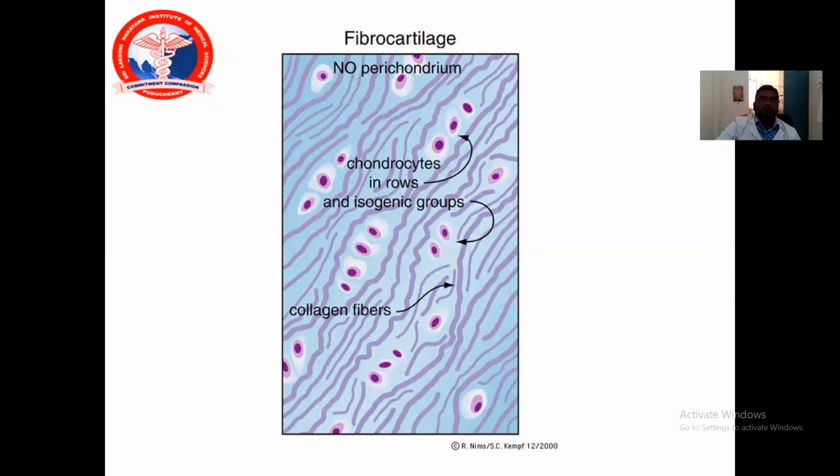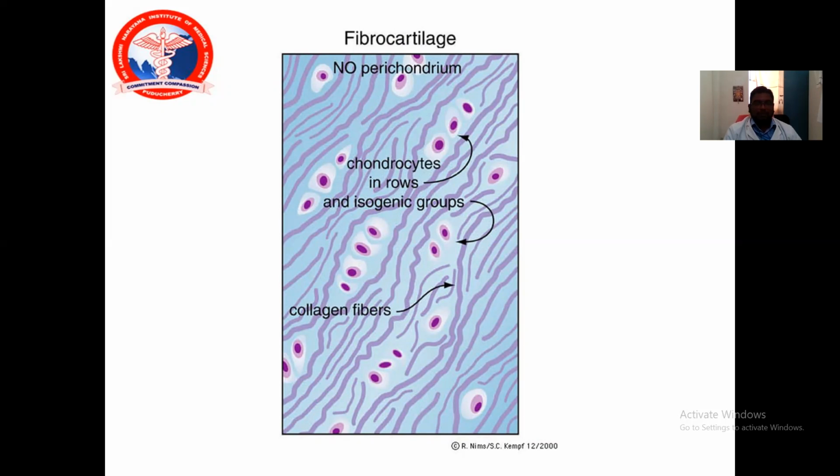Next you would see the white fibrocartilage. What is this white fibrocartilage? This is the last one, the same as the other two. Here you see the cells are arranged in rows. The chondrocytes are arranged in rows, and the fibers present are type 1 collagen fibers.